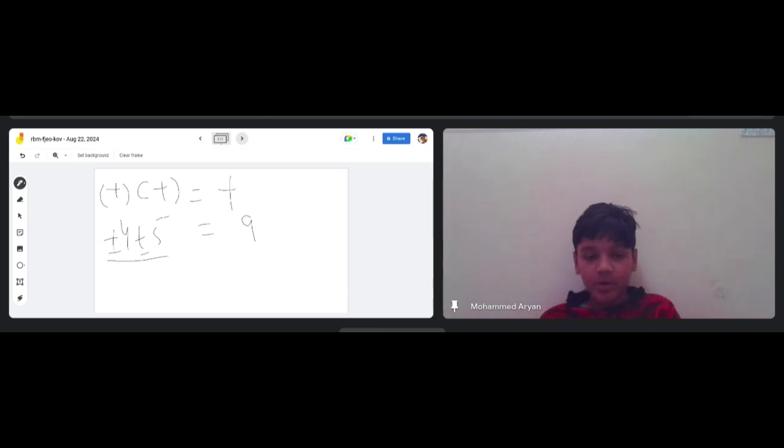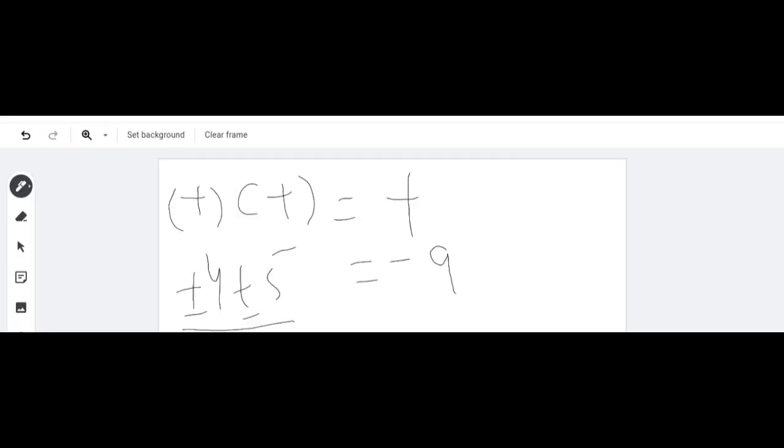Here 5 is the bigger number and has a plus, so I use the plus sign with the answer. This is the method for plus plus: add them and put the sign of the bigger number with the answer. Got it?